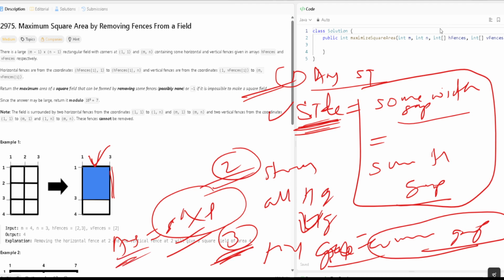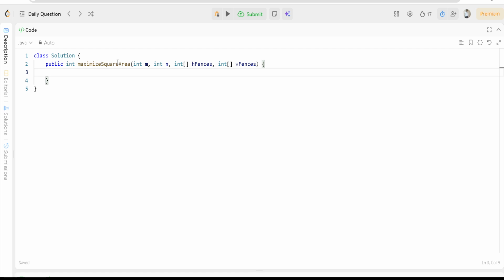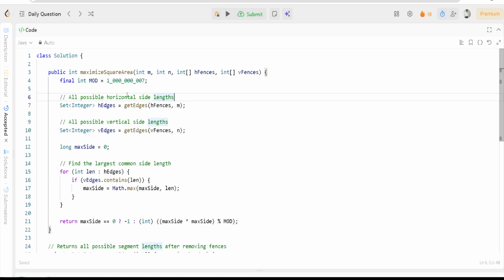Let's go to the code and try to understand, guys. First we will go through finding the separate horizontal sides. All the possible horizontal side lengths we will find through getEdges, and for the vertical sides, we will find the vertical edges. So there are two things we need to do, and you also have to take the mod.